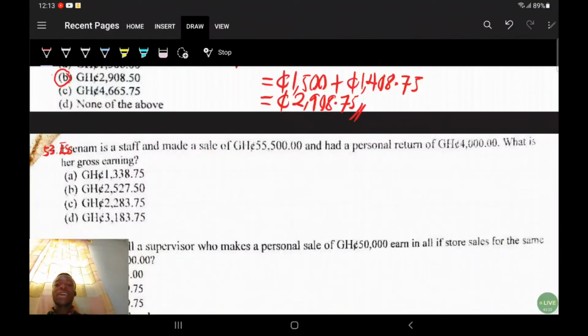Esinam is a staff and made sales of 55,500 and had personal returns of 4,000. What is the gross earning? They are asking us for the gross earnings of Esinam. The gross earning of Esinam is going to be the salary plus his personal commission.